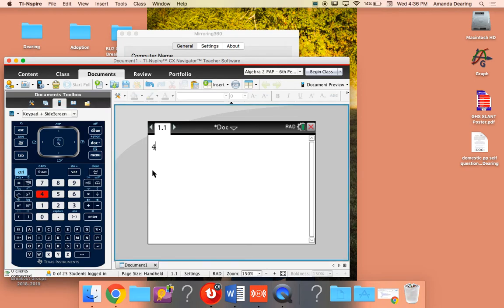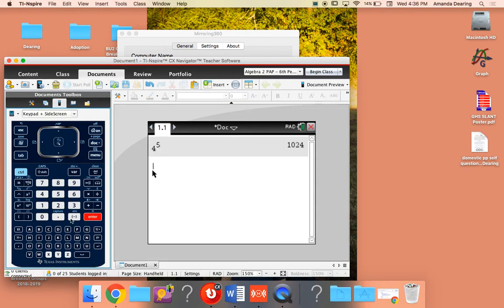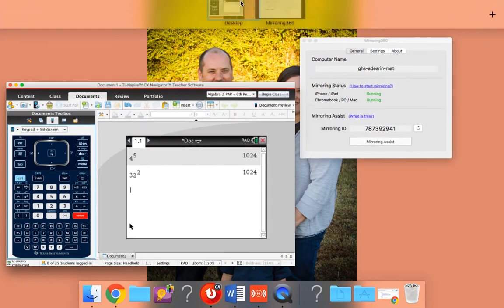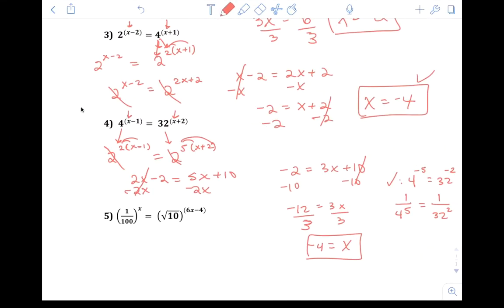Four to the 5th, 1024. 32 to the 2nd, 1024. So yeah, 1 over 4 to the 5th is the equivalent to 1 over 32 to the 2nd. It's 1 over 1024 equals 1 over 1024.